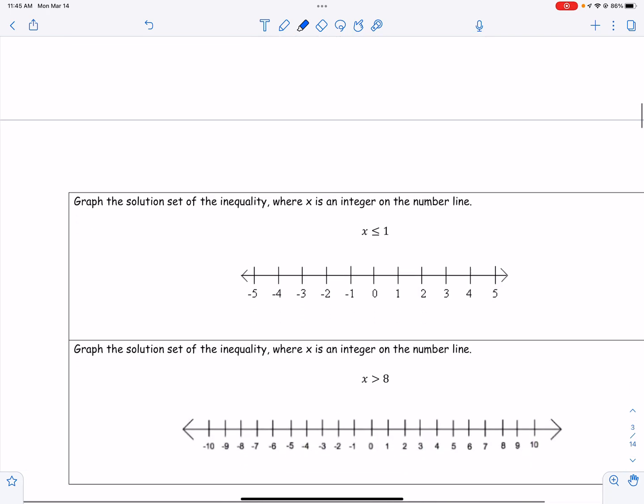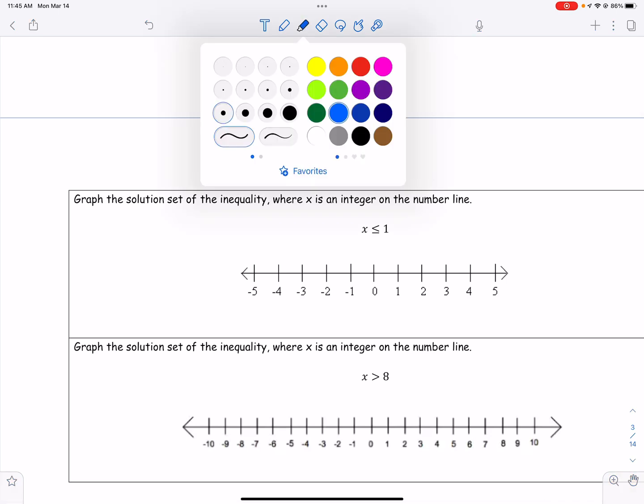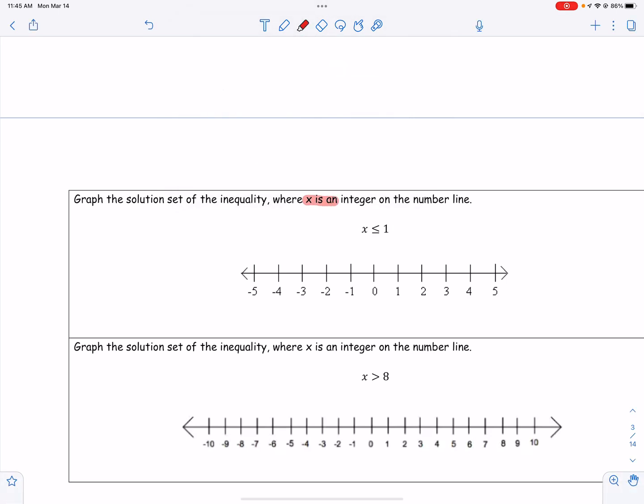Now, those are for if x is a real number. If x is an integer, that means it's only numbers on the number line. I like to refer to those as dots. Fractions and decimals are not included, because they're not integers.